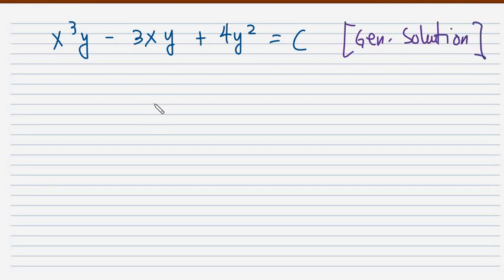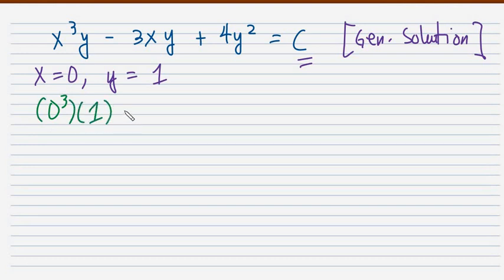Okay, so what is our particular solution? The particular solution is defined by when x is equal to 0, y is equal to 1. So let's go ahead and substitute that so we can solve for c. Okay, so x is 0: 0 cubed times 1 minus 3 times 0 times 1 plus 4 times 1 squared is equal to c.